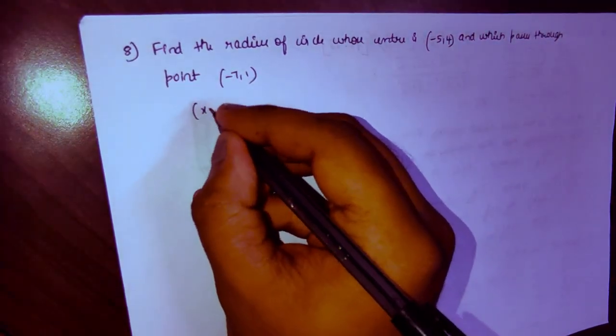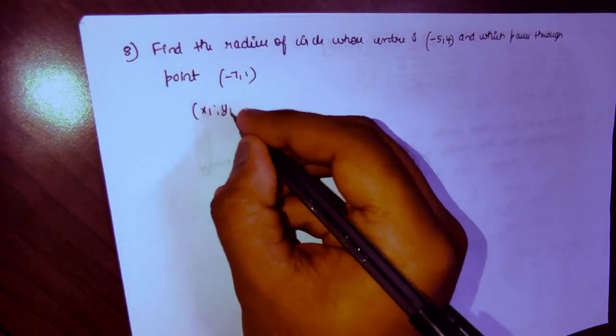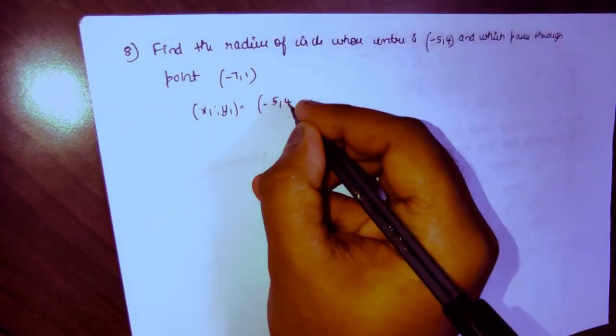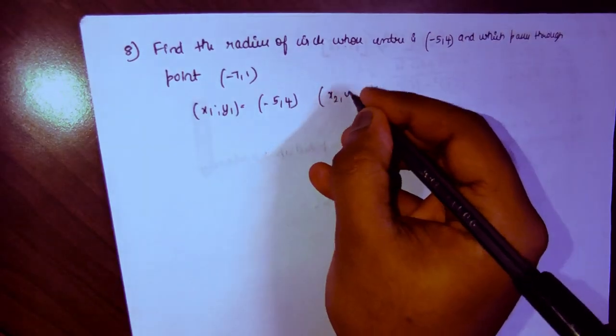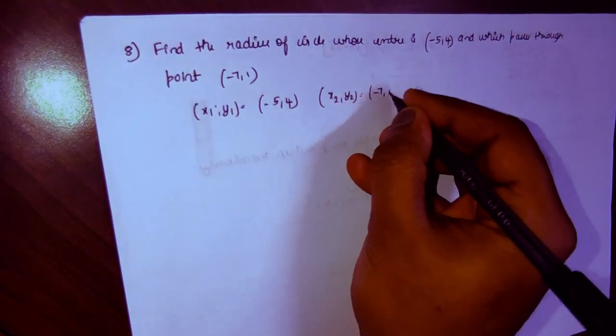They are given the first point, that is x1, y1 equal to minus 5, 4, and x2, y2 equal to minus 7, 1.